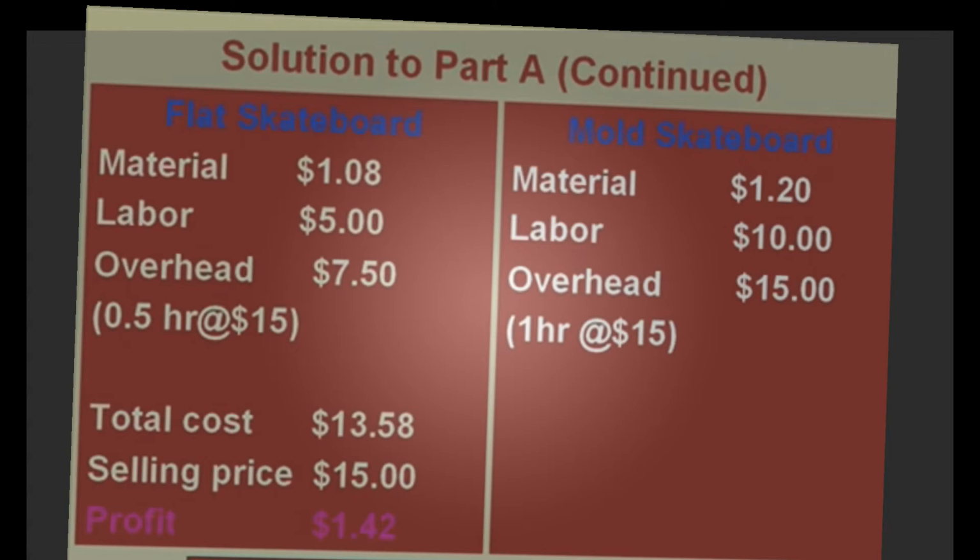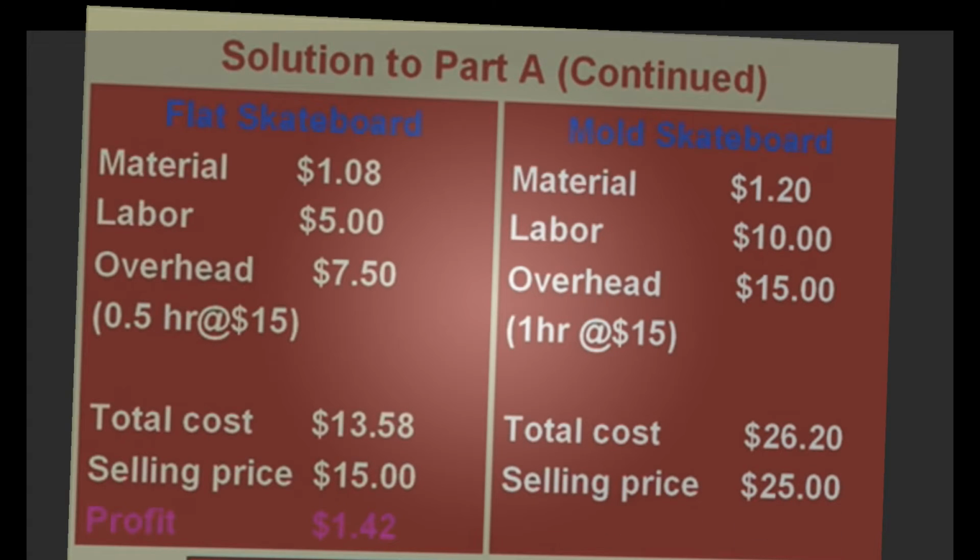It takes 1 hour to make a skateboard, and we're charging $15 per hour. So the total cost is $26.20. The selling price, $25. This gives a loss of $1.20.